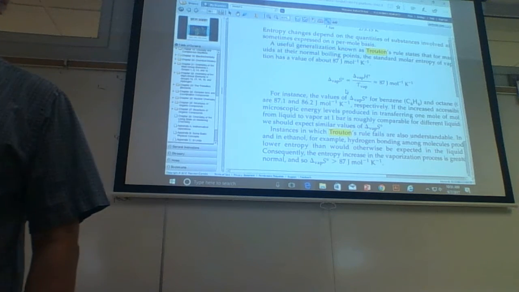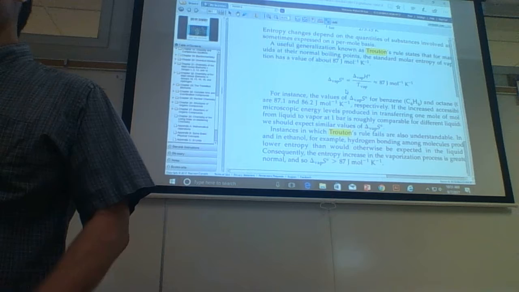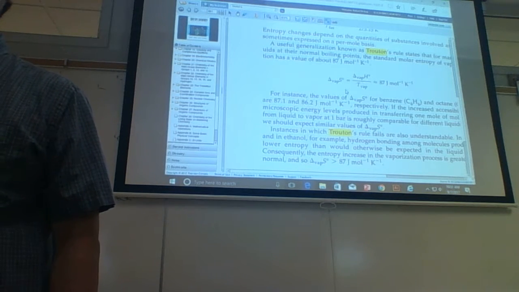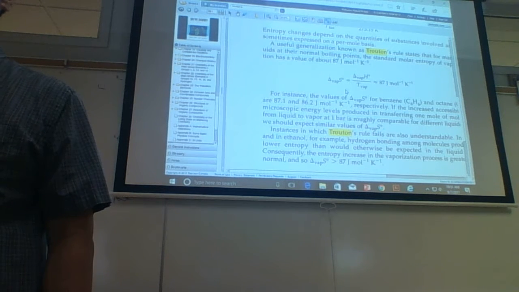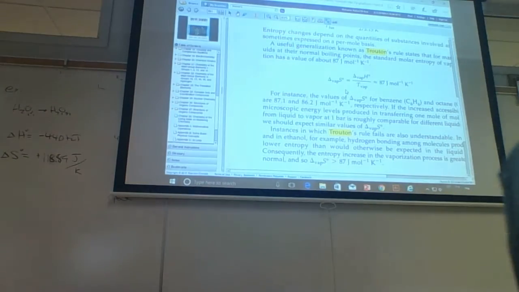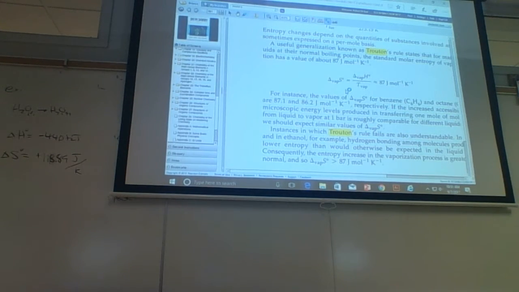But once you start dealing with water, which is pretty well organized in the liquid phase, methanol, ethanol, then Trouton's rule is worthless. In the homework, there's a Trouton's rule type problem. In the book, you can read about Trouton's rule. But basically, that's all I'm going to say about Trouton's rule.